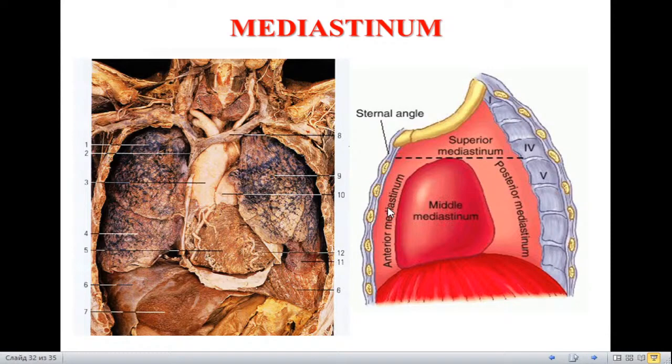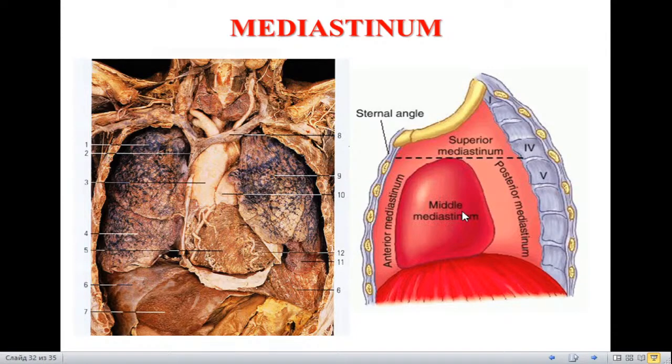The middle mediastinum has the heart and pericardium, bifurcation of the trachea and main bronchi, and bifurcational lymph nodes.